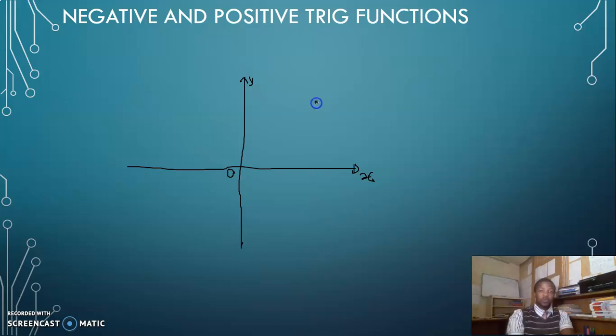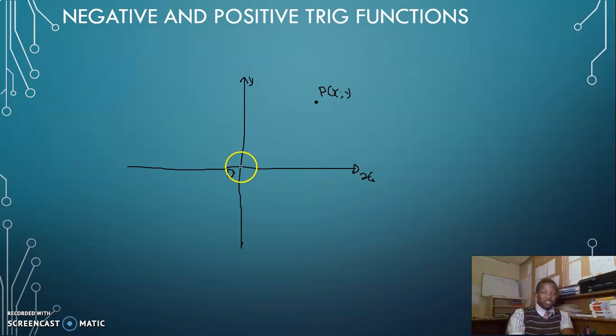When we define it like this, you will have a point like this. Now this point will have x, and then it will have y. Remember, this is where the y is, this is where the x is.